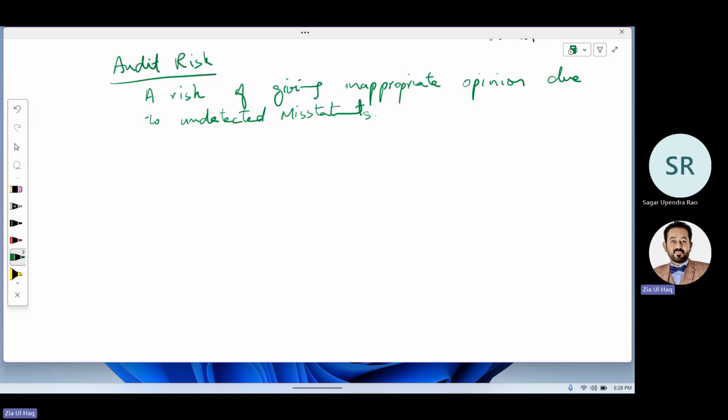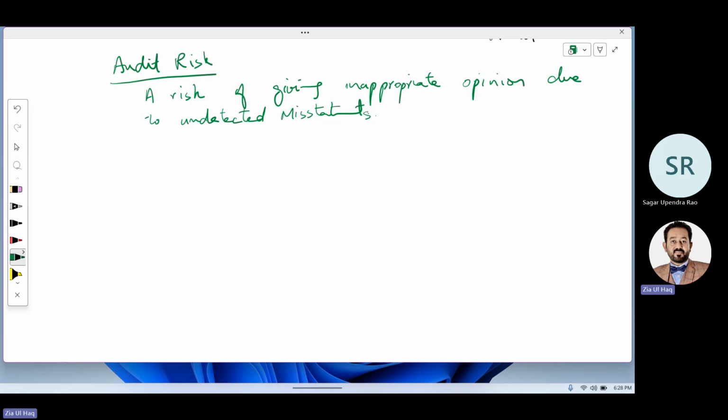Like if company management integrity is doubtful, there are high chances of audit risk. Because if management integrity is doubtful, mean they are like corrupt people, there could be chances of misstatement in the financial statements. That if we are unable to identify, we will be moving towards an inappropriate opinion.